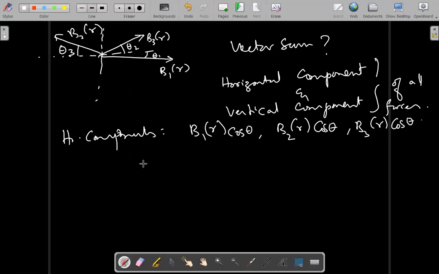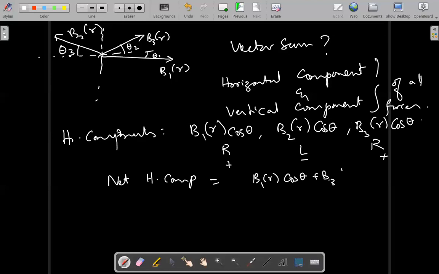Now, how do I find the total? B1R is on the left side, B2R is left, B3R is right. So let's suppose we put right as positive and left as negative. So the net horizontal component equals B3R cos theta minus B1R cos theta minus B2R cos theta.